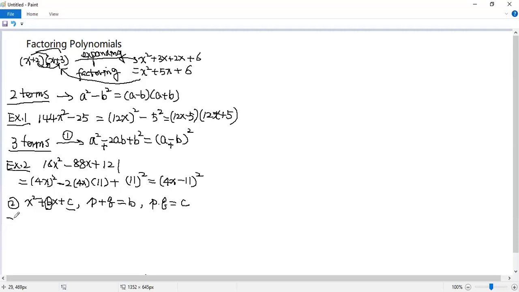Then the given polynomial can be factored as (x plus p)(x plus q). Let's see an example.